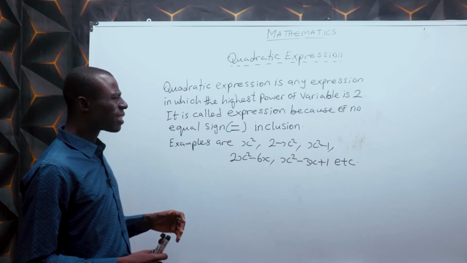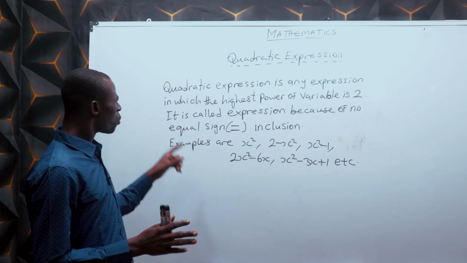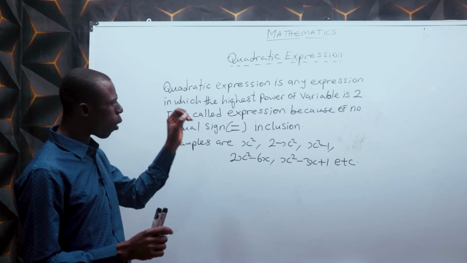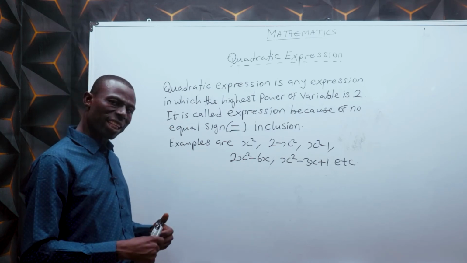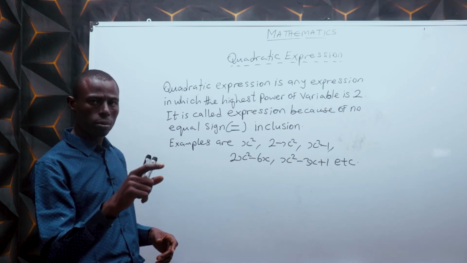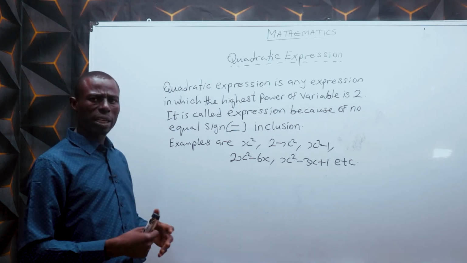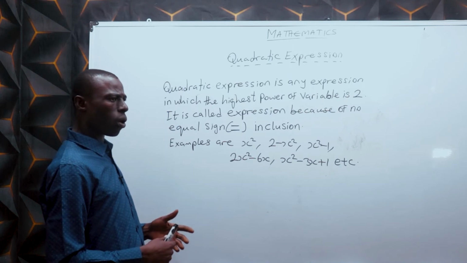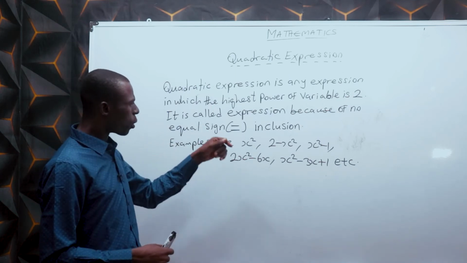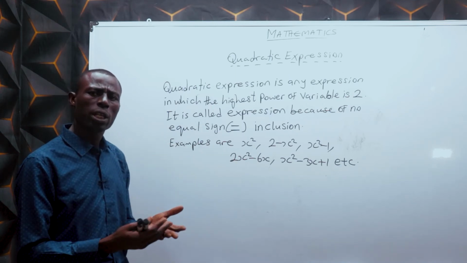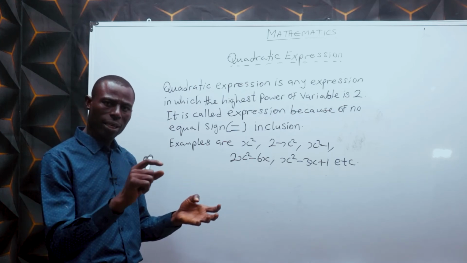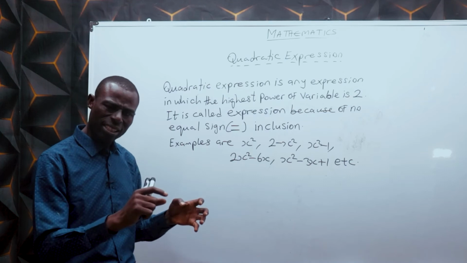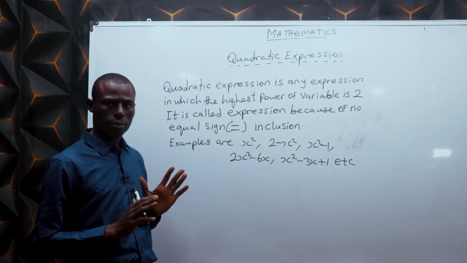Quadratic expression is any expression in which the highest power of the variable is 2. It is quadratic because of that power 2. Why is it called expression? It is called expression because of no inclusion of equal sign. The moment there is no equal sign in something, that thing is called expression.